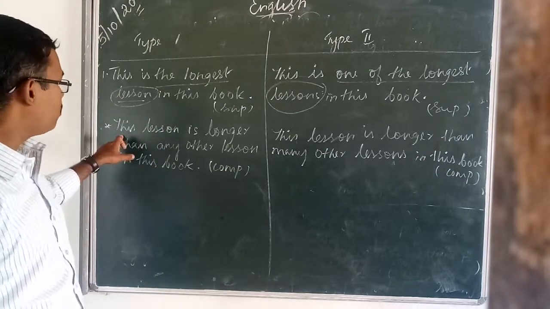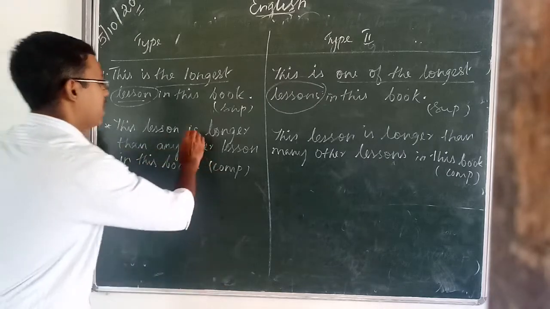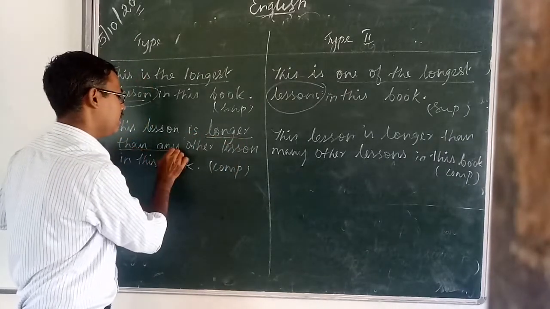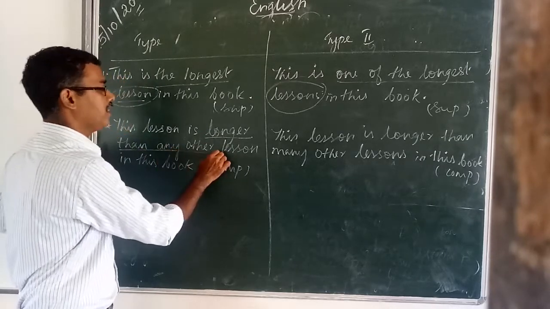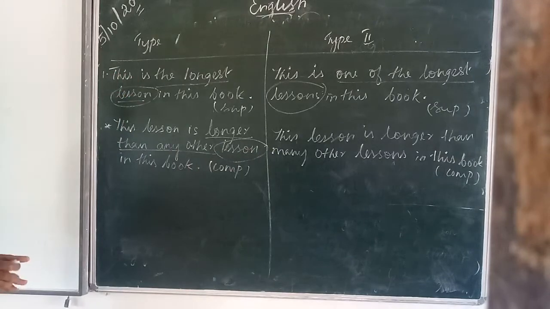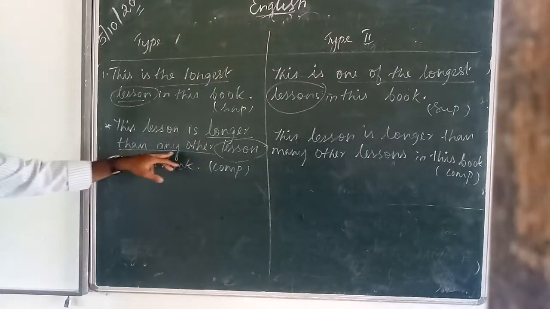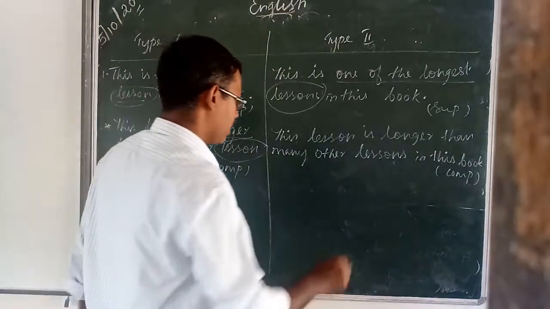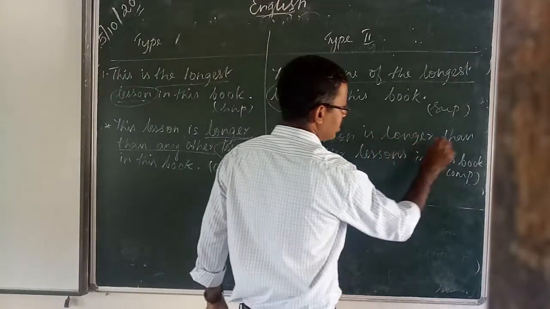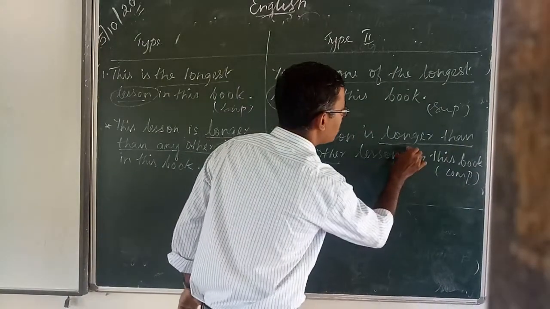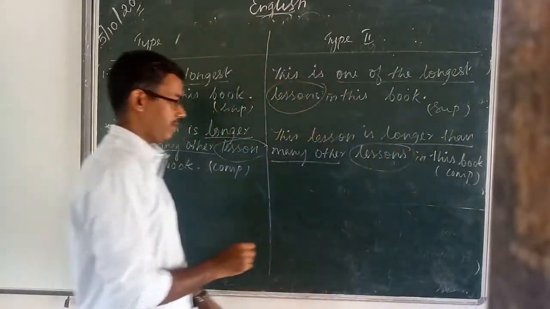Here, when we come to comparative degree, this lesson is longer than, keep in mind, longer than any other lesson or lessons. If longer than any other comes, you have to use lesson, not lessons. Then this lesson is longer than many other comes, means you have to use lessons.